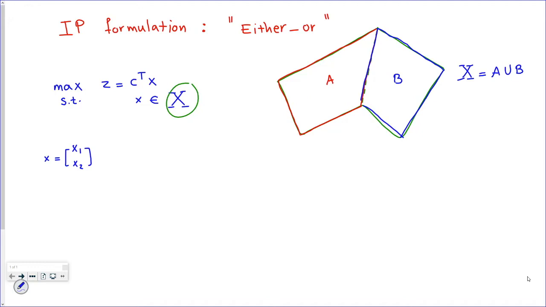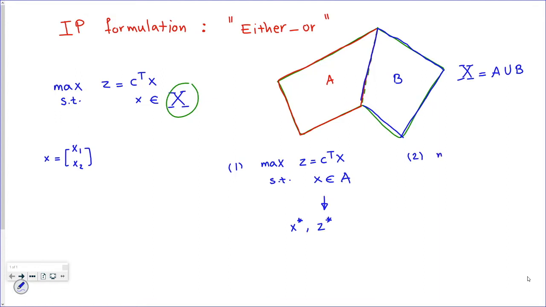So we can actually solve this problem in two steps. First, we can solve max c transpose x subject to x belongs to set A. Let's assume that it gives us an optimal solution x star and optimal value z star.